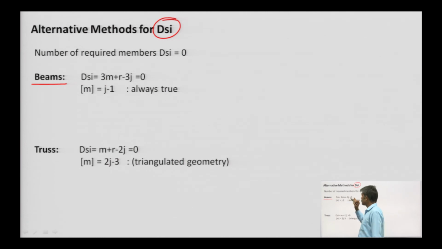If it is equal to 0, then what will be the value of m? 3m is equal to 3j minus r, and r in case of plane is 3. So, the value of m is j minus 1.